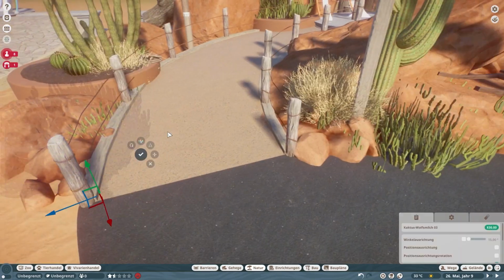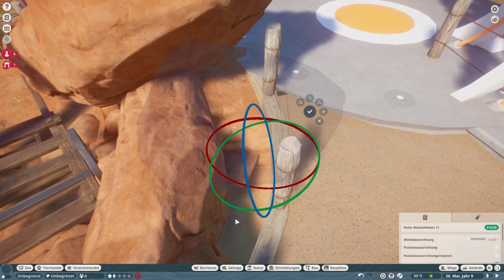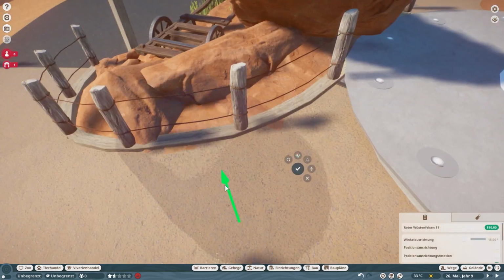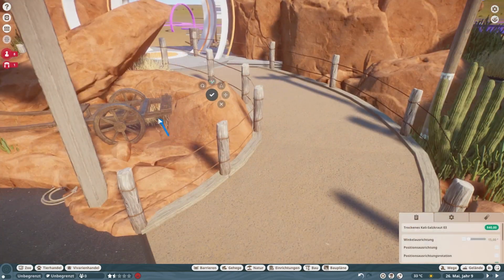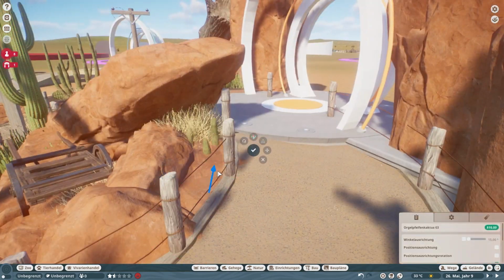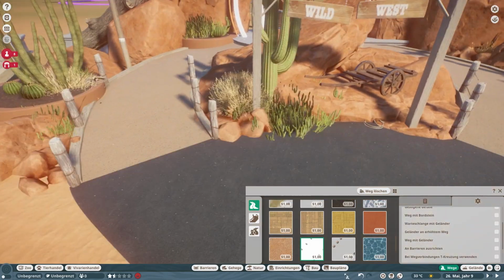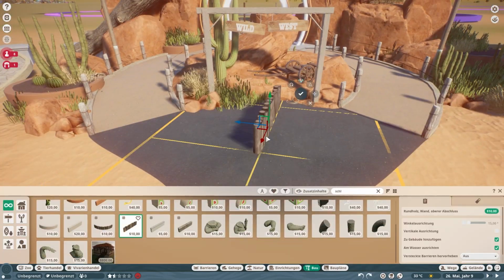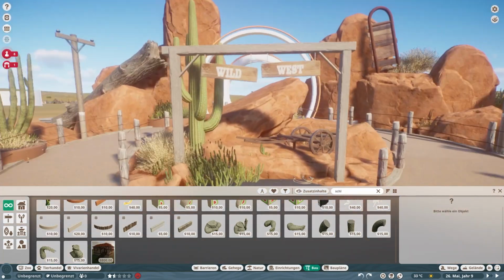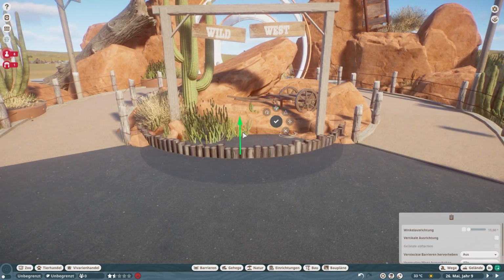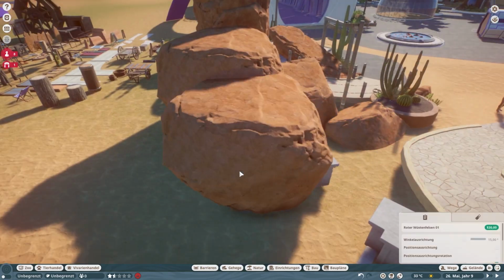Also, I discovered a new plant for this that I don't think I've ever used. It looks sort of like a fern. If you sink it into the ground, you'll see it in a second. And I think the biggest challenge for this area is going to be that it won't be very lush in foliage, which, if you know me and any of my builds, I love my foliage, plants, trees, bushes.